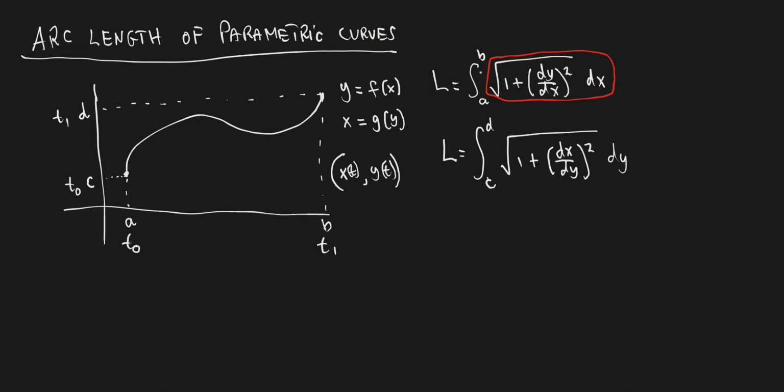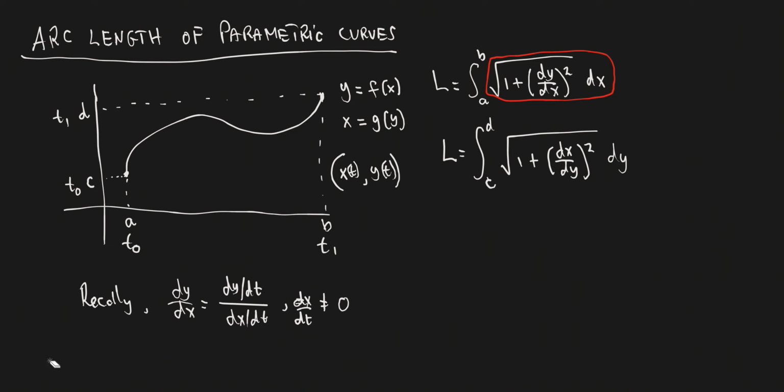The question is, what happens to our arc length differential? So recall, we have our formula for dy/dx for a parametric curve. It is dy/dt divided by dx/dt, provided that dx/dt is not equal to 0.